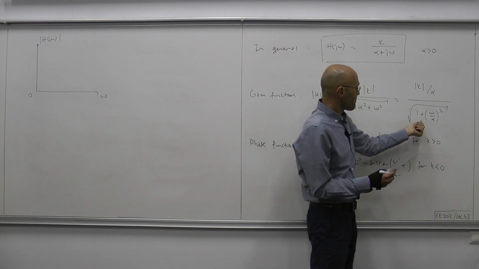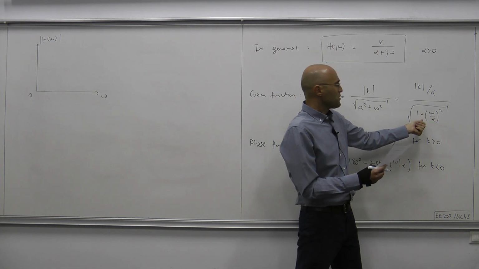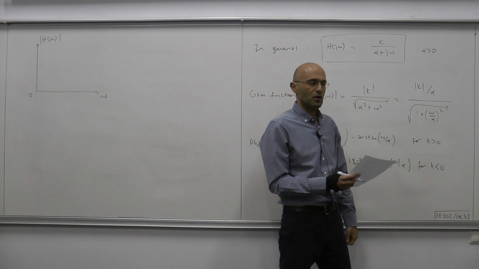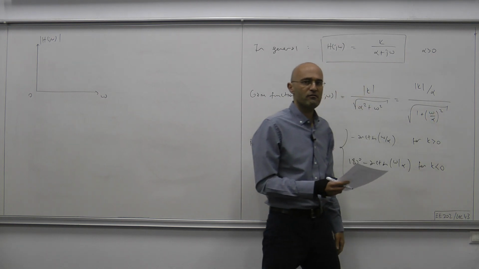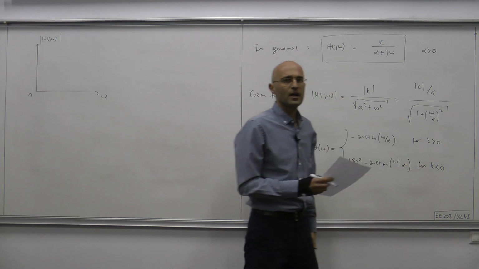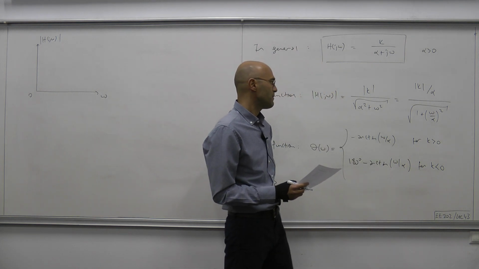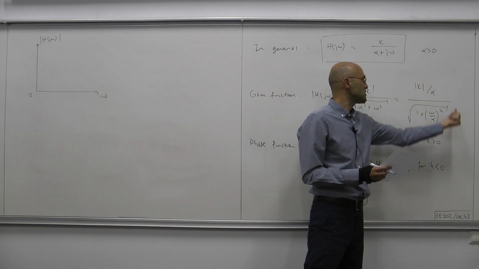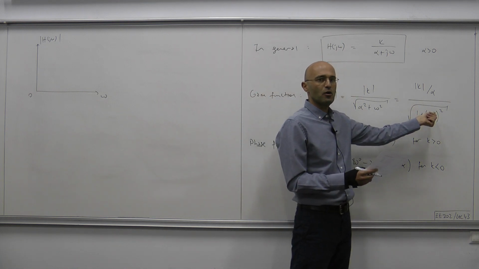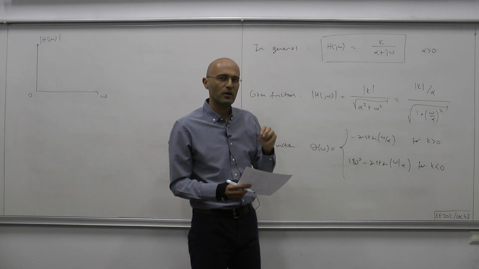is such that the lowest value that it takes clearly is when ω equals 0, and as you increase ω further and further, the denominator becomes larger and larger, and the overall magnitude therefore becomes smaller and smaller. So that means the highest that this term can achieve is for the case when ω equals 0, because that makes the denominator as small as possible.